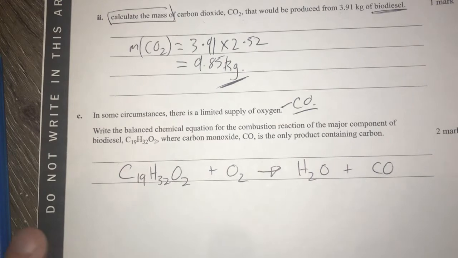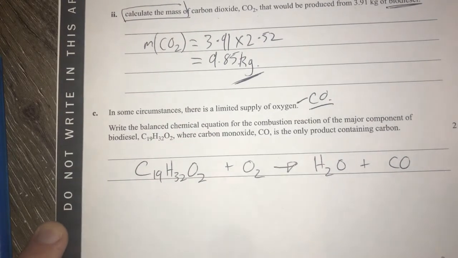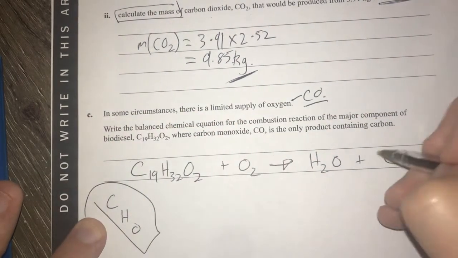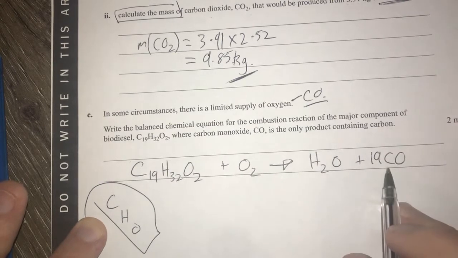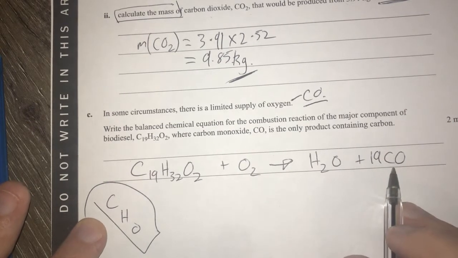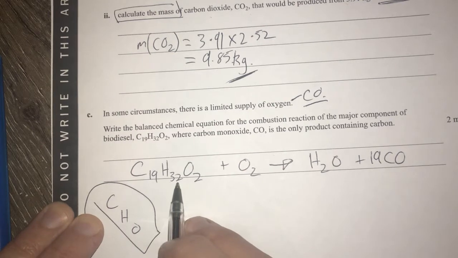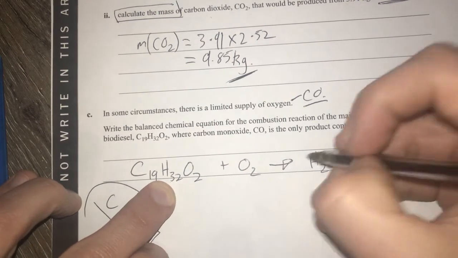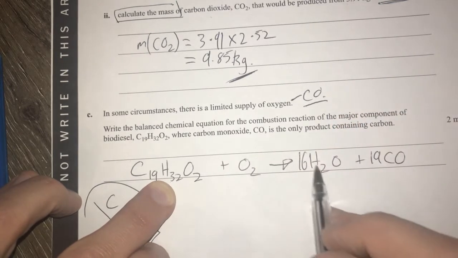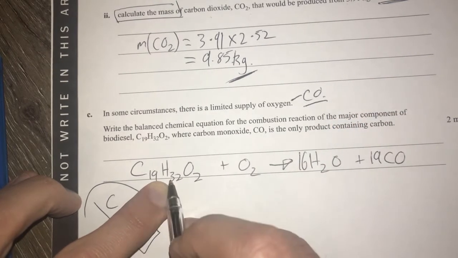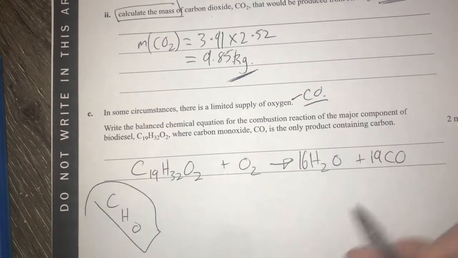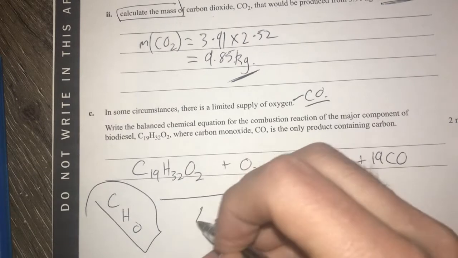Then we need to balance up our equation, and we're going to balance it in the same way we do everything, which is carbon, then hydrogen, then oxygen. So we're going to start off with 19 carbons. Gives us 19 carbon monoxides. We've got 32 hydrogens, so what's that going to bring it down to? For water, that means it's going to be 16, because simply, obviously, H2, multiply that, you get your 32 there. Then we need to do some balancing acts with our oxygens. So on this side, I'm going to have 4 oxygens.